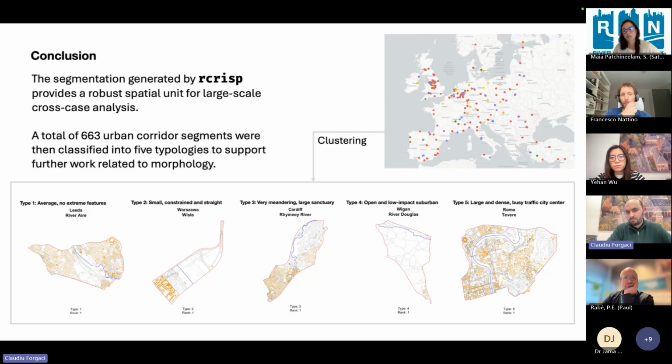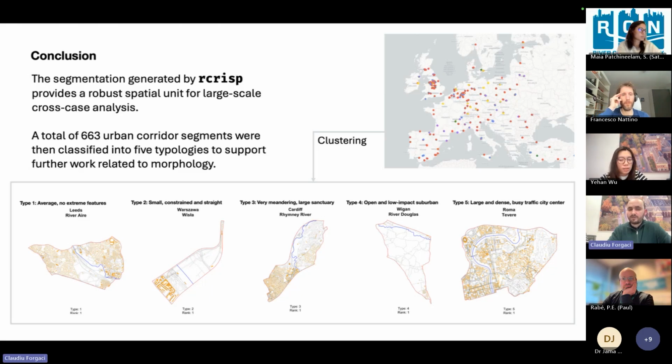For example, the urban climate can be related to the morphologies, and for each type we can see what specific interventions you can adopt. So this is a process that uses Rcrisp to understand the morphology inside the city of the river space.